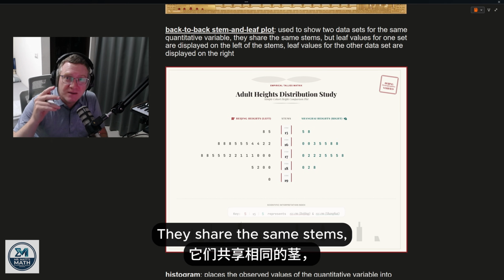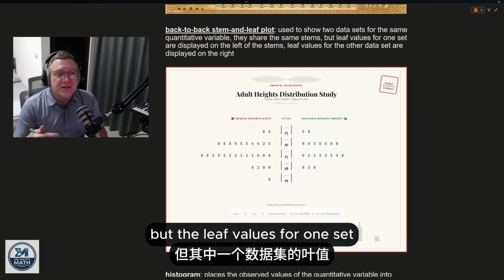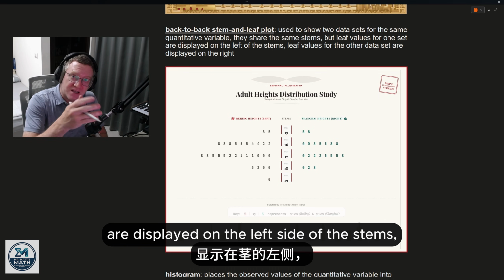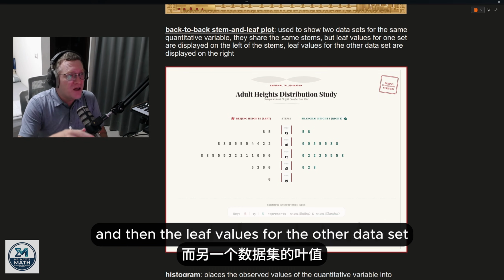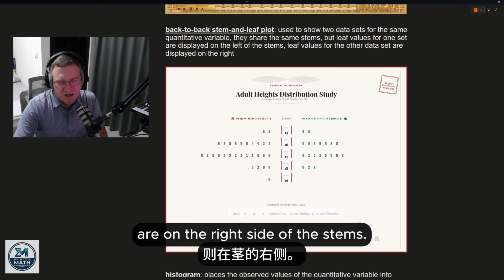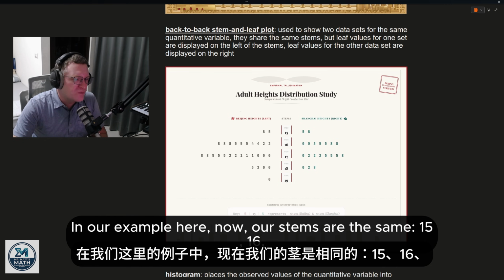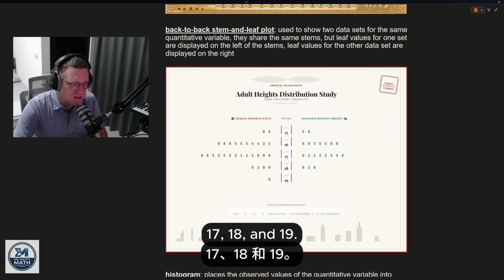They share the same stems, but the leaf values for one set are displayed on the left side of the stems, and the leaf values for the other data set are on the right side of the stems. So in our example here, our stems are the same: 15, 16, 17, 18, and 19.